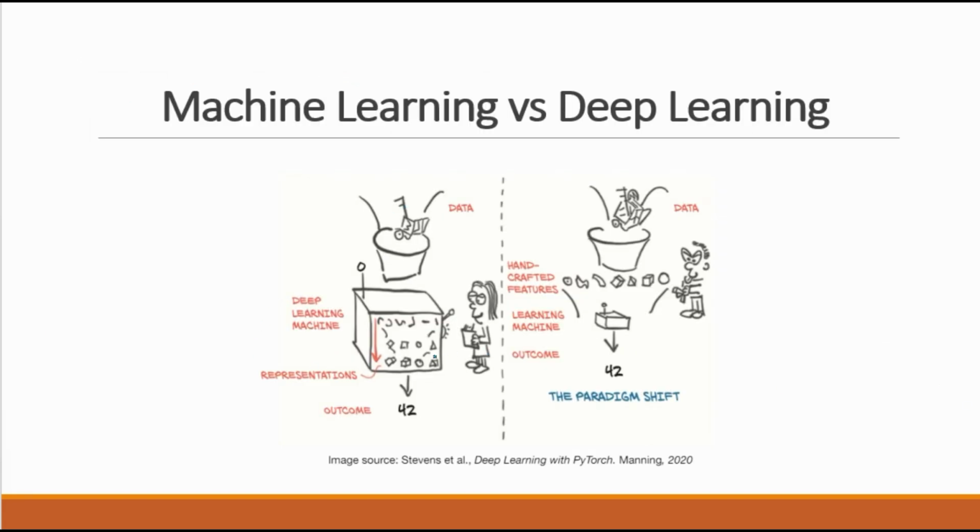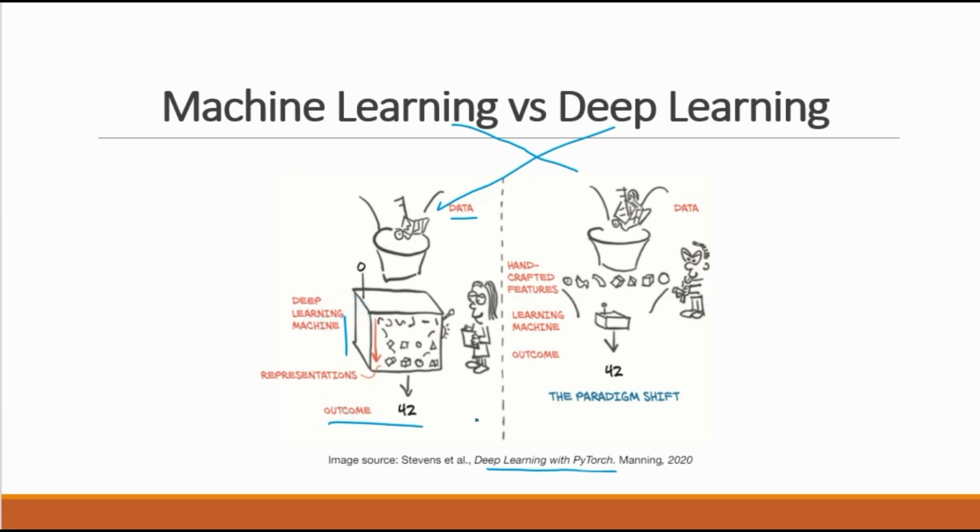So here's a nice summary that I've found in this book. It's a nice cartoon illustrating the difference between structured and unstructured workflow, where you have traditional machine learning versus deep learning. So here on the left hand side, this is the workflow for deep learning, essentially where you have the data and then you throw it into the network. It's like a black box, and then the output is some prediction.